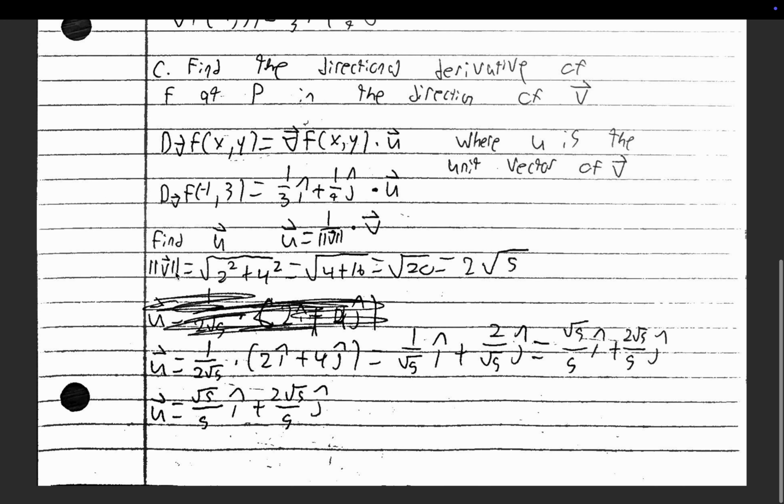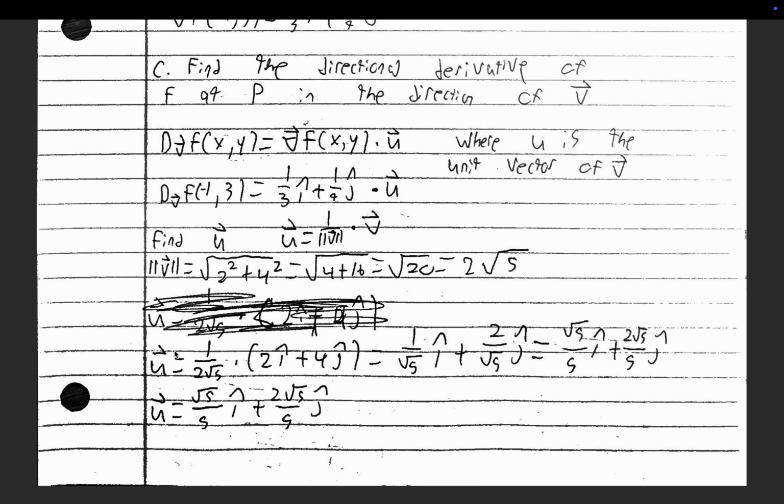The magnitude of v is the square root of the components squared. The components are 2 and 4, so it's the square root of 2 squared plus 4 squared. That comes out to the square root of 4 plus 16, or the square root of 20, which we can simplify to 2 rad 5.